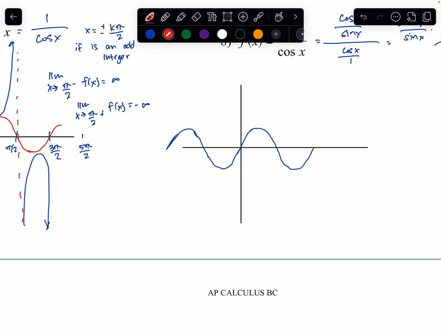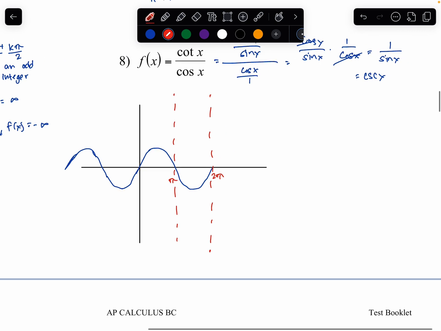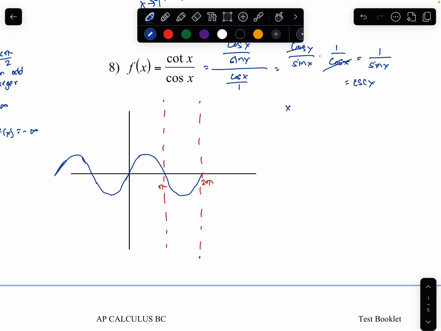These vertical asymptotes are going to occur at pi, and this is going to be at 2 pi. So the vertical asymptotes are going to be at x equals plus or minus k pi, and k is any integer, even or odd. 1 pi, 2 pi, 3 pi, so on and so forth.